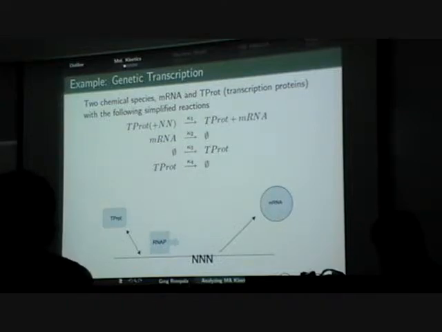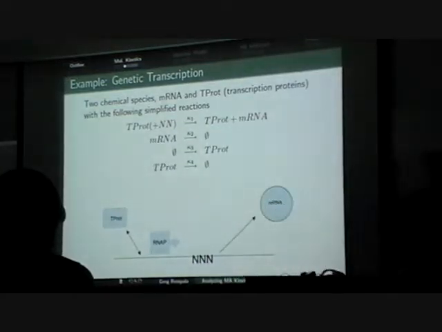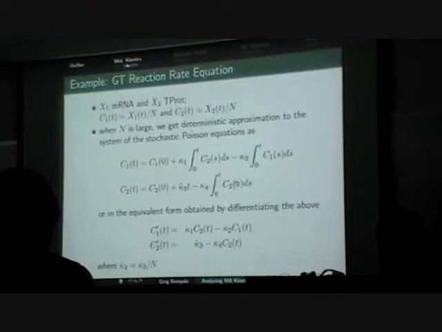I tried for a long time. Okay, so this is a nice system. It's very simple, but on the stochastic side, it's actually not computable. So it also tells you how difficult these stochastic models are.